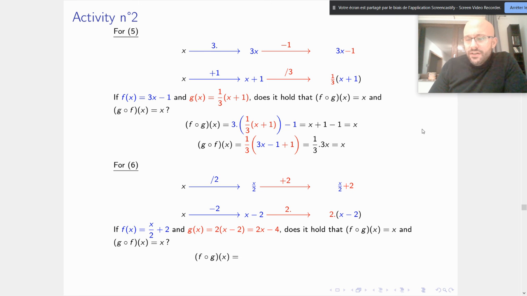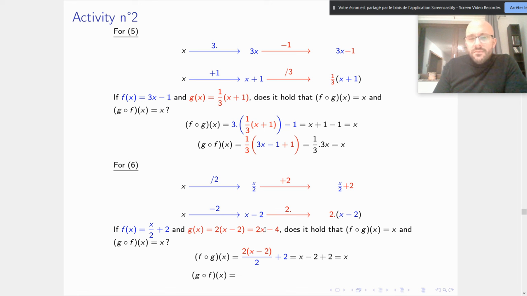So we take the expression of f and replace the x by the expression of g, like here on the screen. We see here that the 2 cancels, and then the minus 2 and the plus 2 cancel also, and it gives us x. So it works. It's okay.